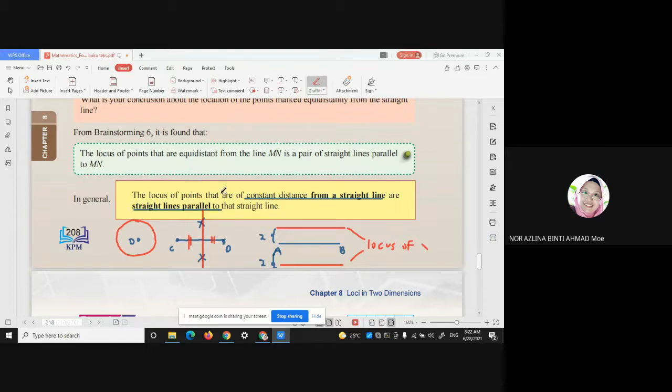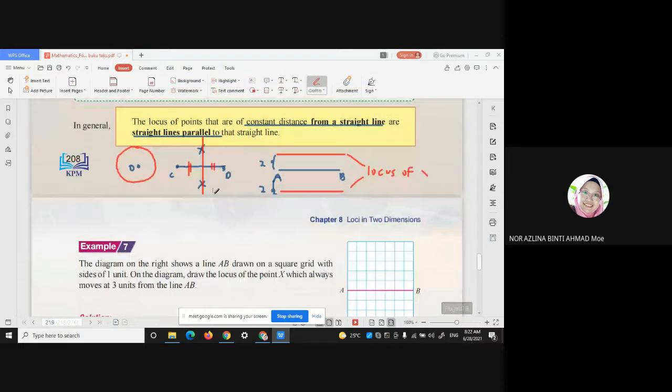The locus of a point at constant distance from a straight line is parallel to AB. Now you have learned three shapes of locus: circle, the perpendicular bisector with equal length from 2 points, and a straight line with equal length from a line, up and down.